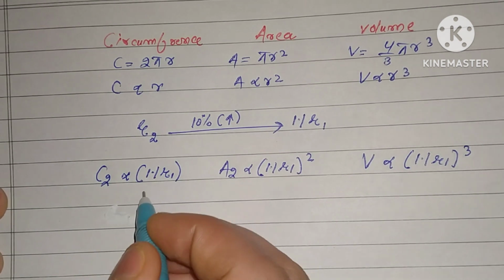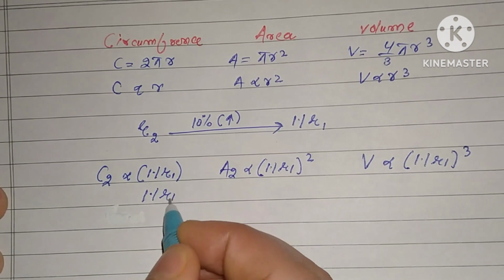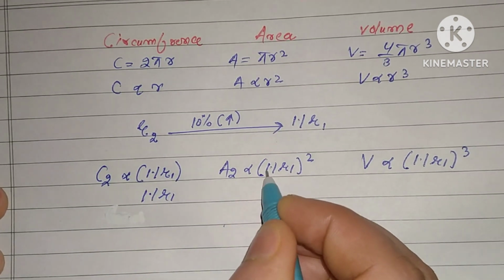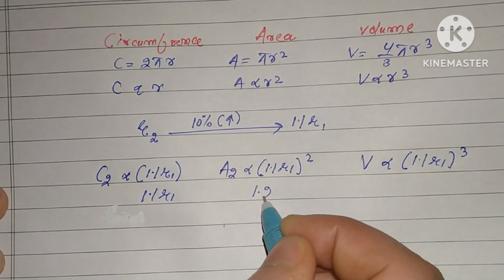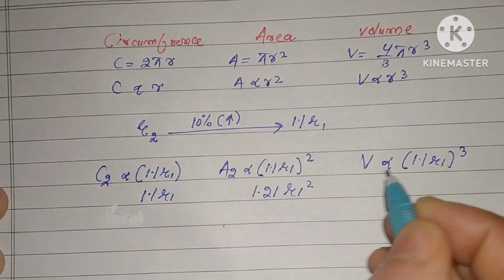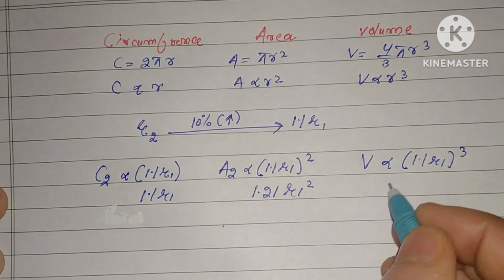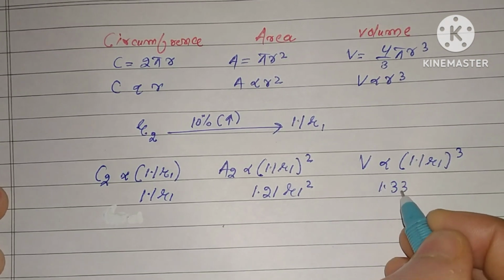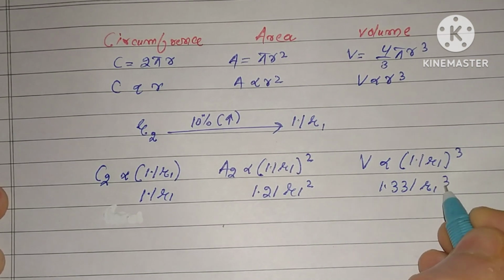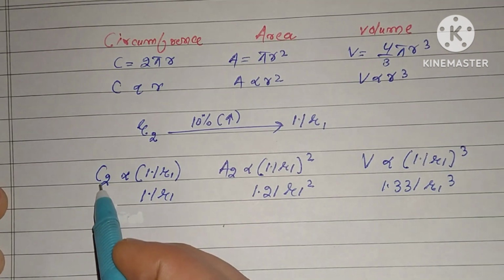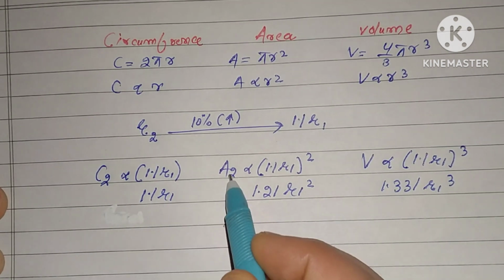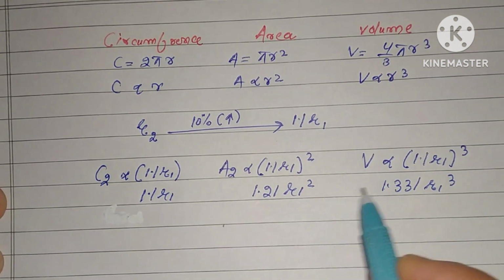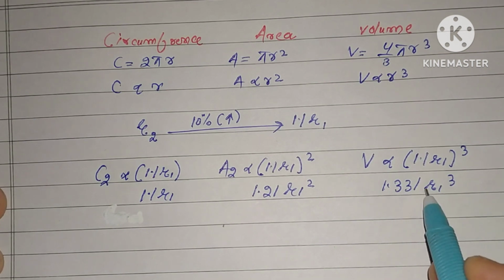Hence circumference will be 1.1 r1, area will be 1.1 square, 1.21 r1 square, and volume will be 1.1 cube, 1.331 r1 cube. Hence circumference will increase by 10%, area will increase by 21%, and volume will increase by 33.1%.